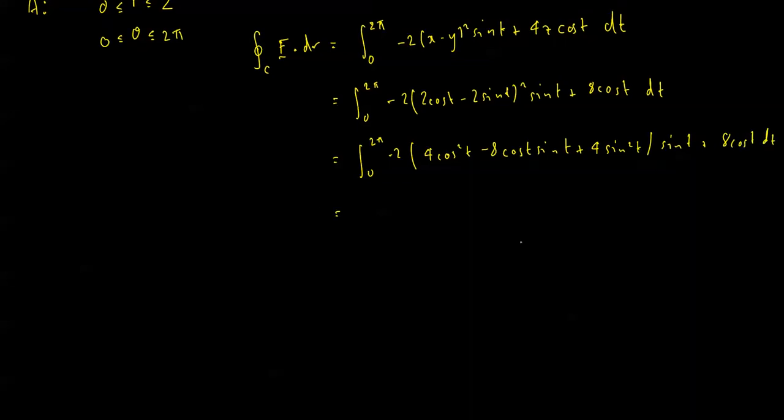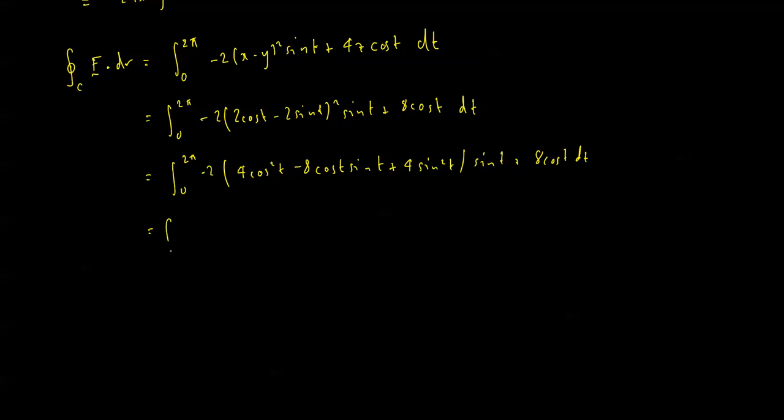That is equal to the integral from 0 to 2 pi of negative 2 times 4, because 4 cos squared t plus 4 sin squared t is just going to give me 4, minus 8 cos t sin t, plus 8 cos t dt.